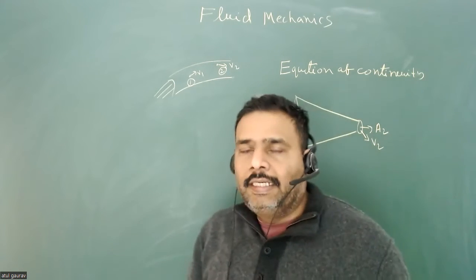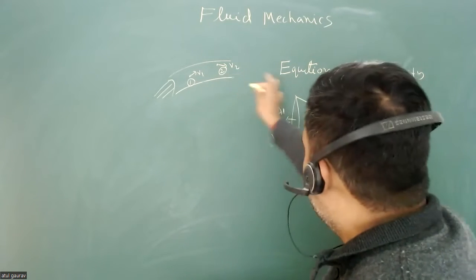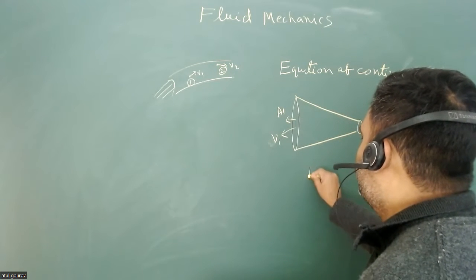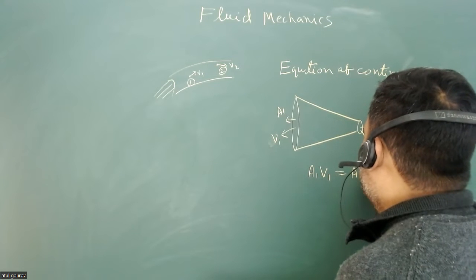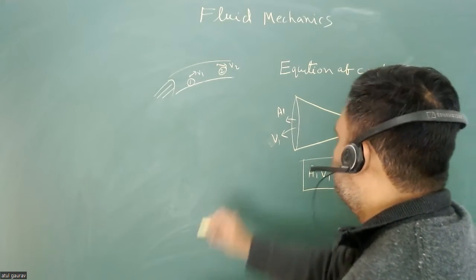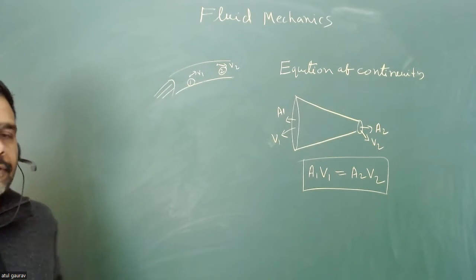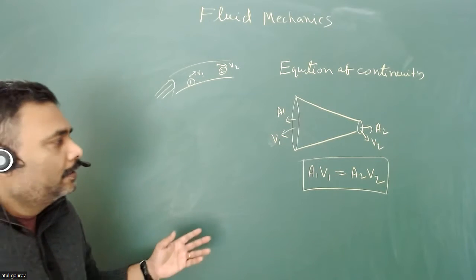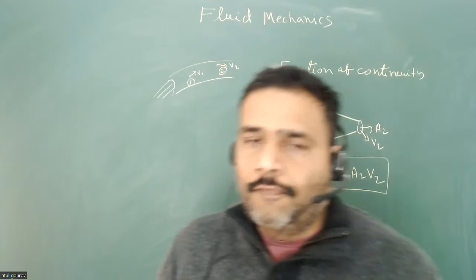If the liquid is doing streamline motion, then we have A1 v1 equal to A2 v2. This equation is known as the equation of continuity, which is very important to discuss the dynamics or kinematics of the flow of liquid.